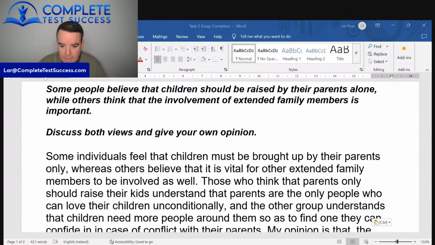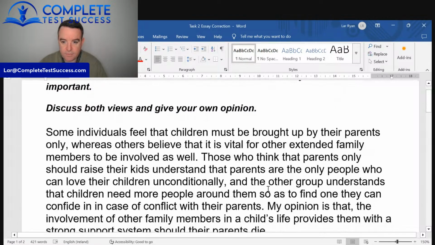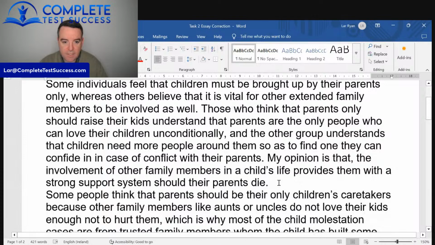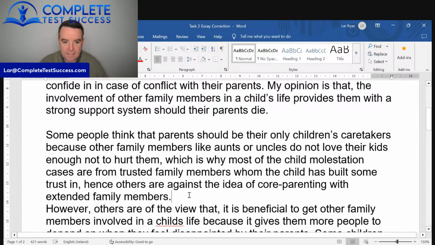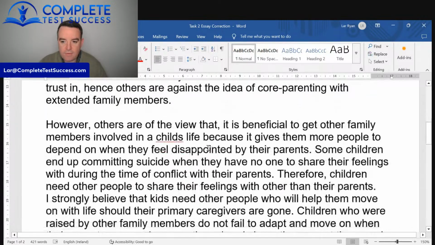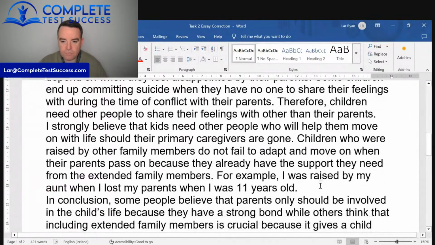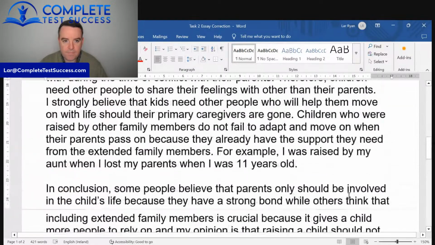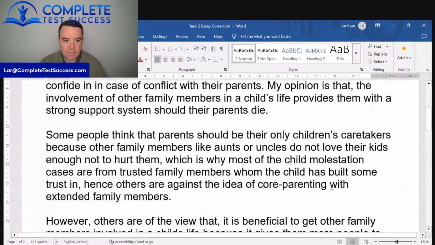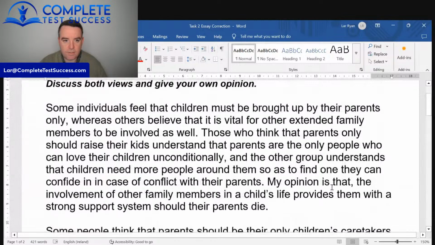Now, I like to leave lines between each paragraph because sometimes when you have a situation like this, where there's some space between the end of the sentence and the edge of the page, that's okay. It's kind of clear to see where each one starts and ends. But on the rare occasion where the sentence goes right up to the edge of the page, it can be a little bit challenging to see the start and end of each paragraph.